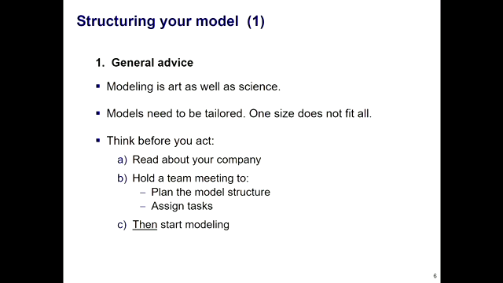So one size does not fit all, in the sense that the KGW model is a general model. It's designed to fit most of the companies, especially retail, cyclical companies, manufacturing companies. For some companies with a huge amount of R&D, you will find it's not sufficient.